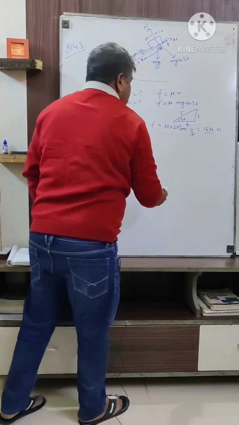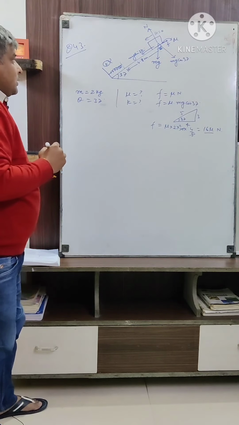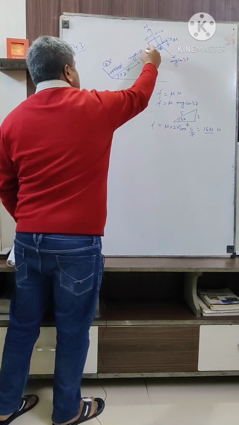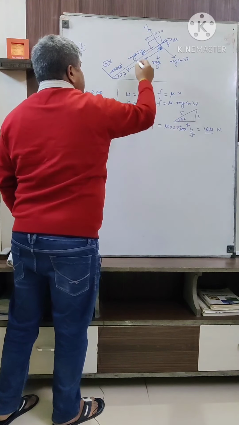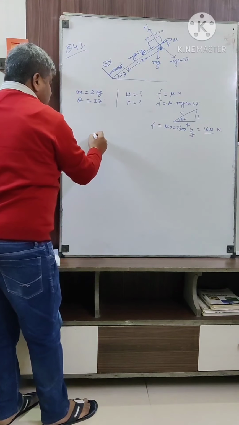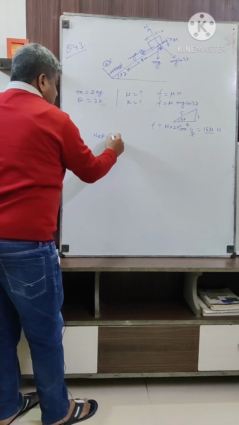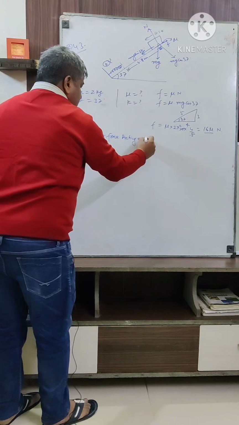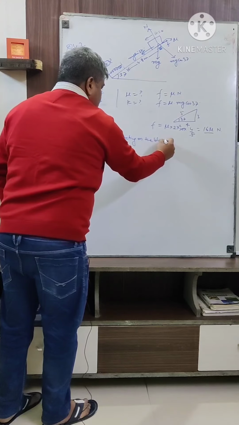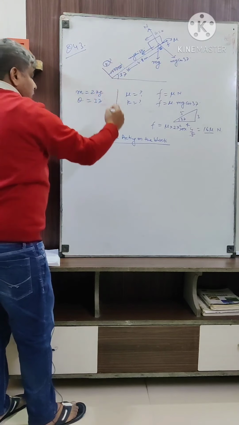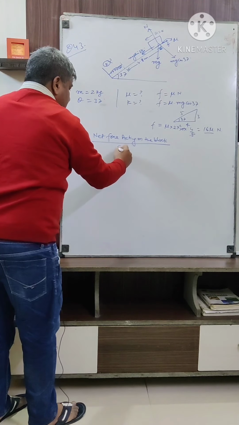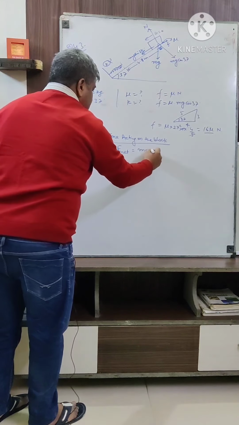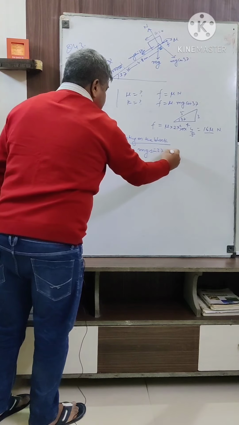This is the frictional force, and the force acting along the incline, the component of the weight along the incline, is mg sin 37. So what is the net force acting on the block along the incline? F net is equal to mg sin 37 minus the frictional force.